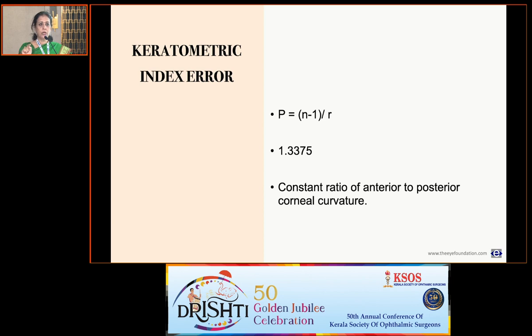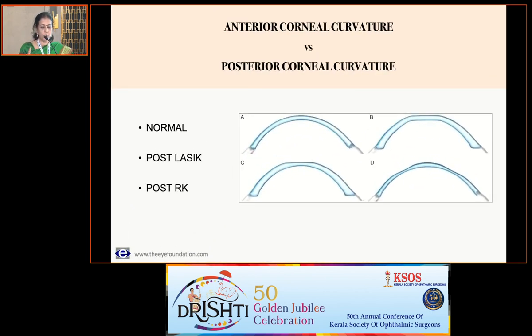But it also assumed that the ratio of the anterior to the posterior curvature is 82%. All of this gets altered in a refractive surgery, which is a point to note.